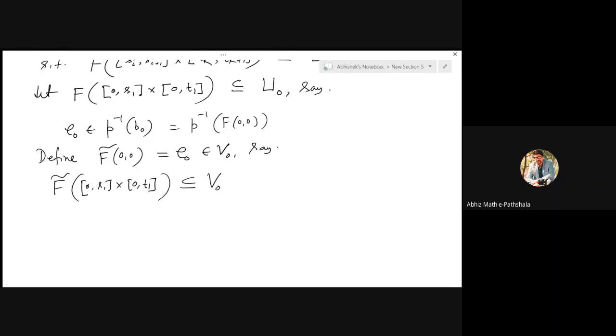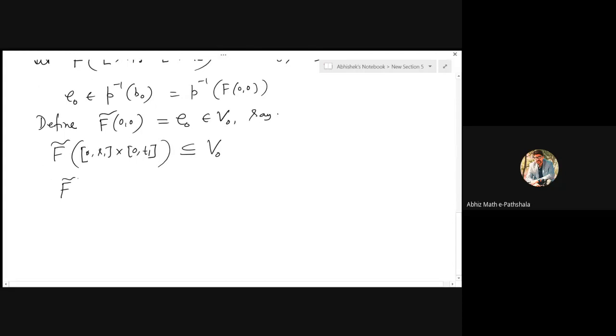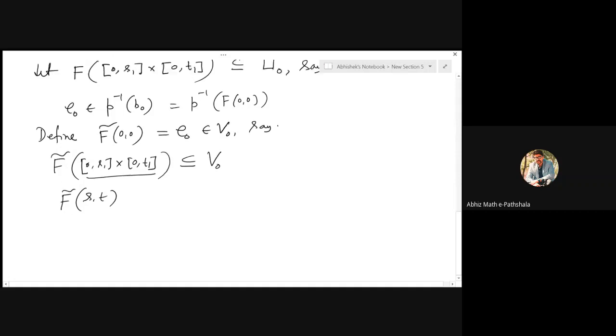Using this, you define f tilde on this small square.